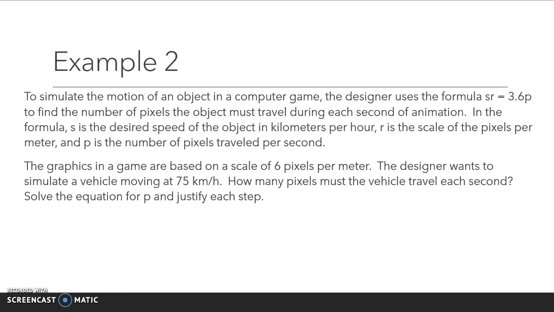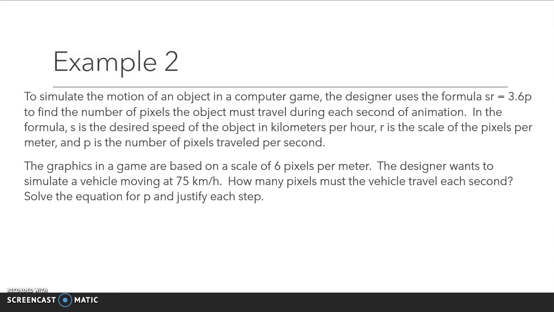In the formula, S is the desired speed of the object in kilometers per hour, R is the scale of the pixels per meter, and P is the number of pixels traveled per second. The graphics in a game are based on a scale of 6 pixels per meter. The designer wants to simulate a vehicle moving at 75 kilometers per hour. How many pixels must the vehicle travel each second? Solve the equation for P and justify each step.